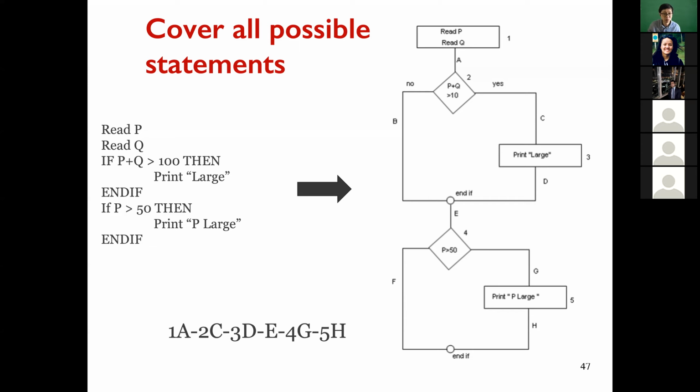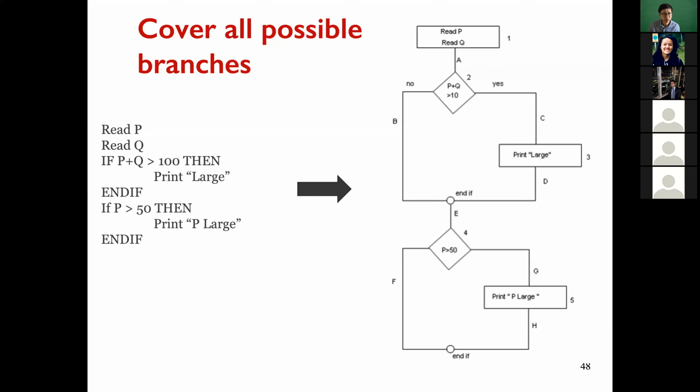What if we want to cover all the branches? Here we didn't cover all the branches. For example, after the decision at 2, we didn't cover branch B. Even though there's no statement in B, we didn't cover that branch. So for branch coverage, how can we design the test cases?